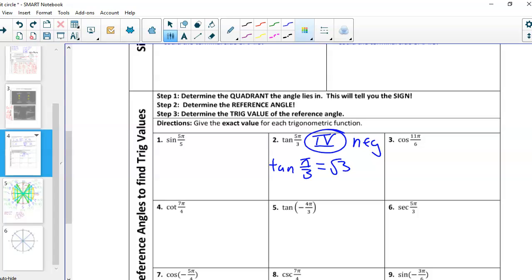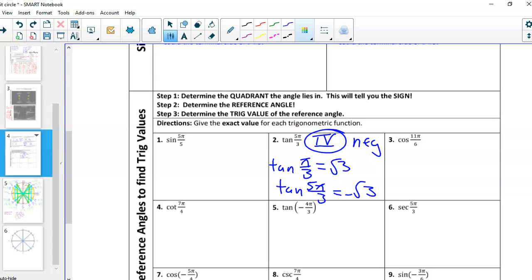So that means tangent of 5 pi over 3 will just be negative root 3. Now you could do this with cosine and sine values as well, but if you know them, you don't need to do this.